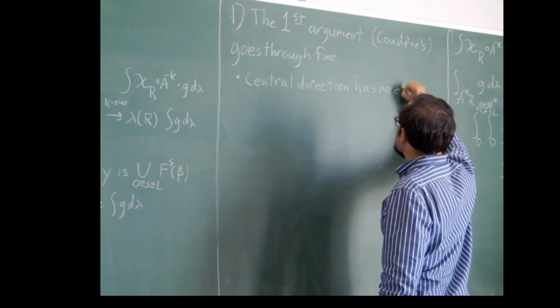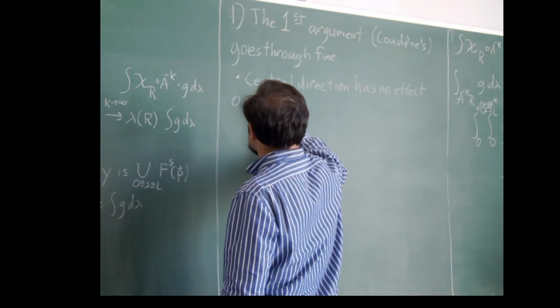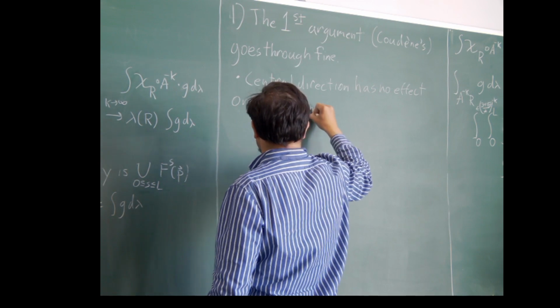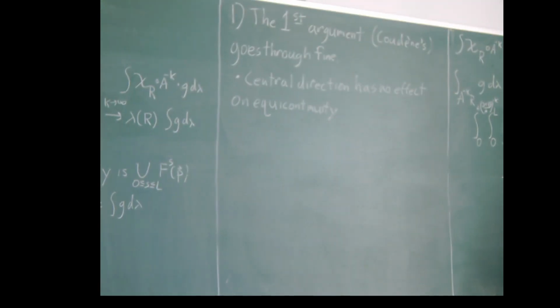No effect on equicontinuity. If you start close enough in the central direction to the point you started at, as you move forward, you still stay very close in the central direction to the point that the moving averages look at. So you still stay wonderfully continuous. This uniform continuity goes through perfectly wonderfully. Everyone happy about this? Okay.